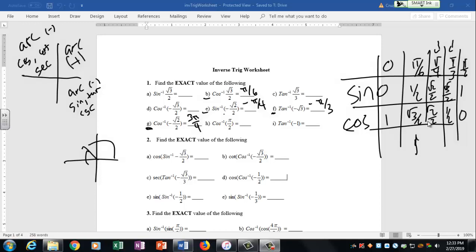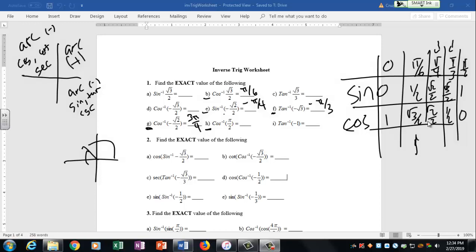Okay. The last thing I'm going to say as it relates to question number 1 is H. Arc cosine of pi over 2. That's kind of a trick question. And the reason why it's a trick question is this. Arc cosine only accepts values from negative 1 to 1, yes? And most people don't realize that pi over 2 is actually greater than 1. It's a real Bush League question, to be honest.